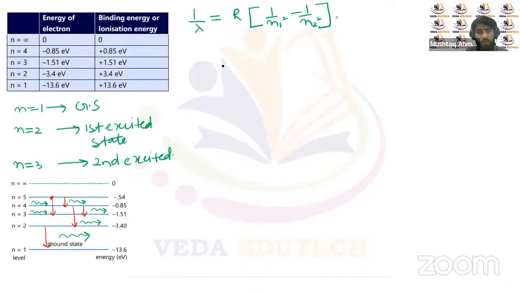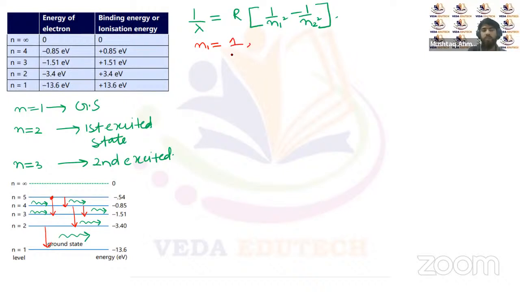Now, let's suppose our electron makes a transition from any higher excited state to n1 equal to 1. It means the final state of the electron is n1 equal to 1.